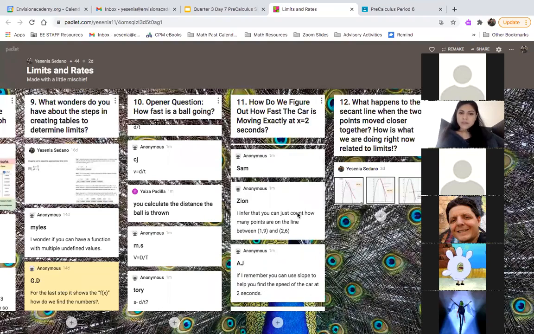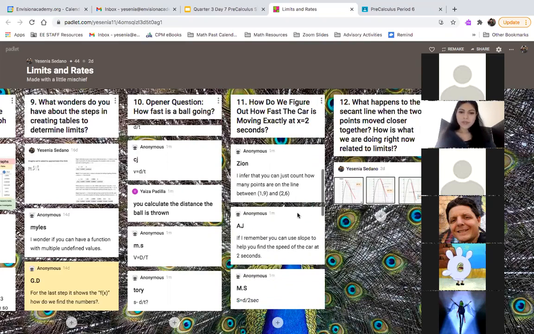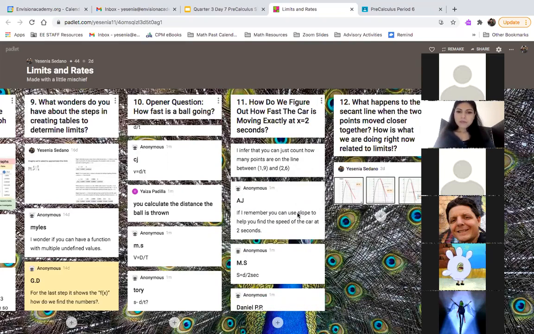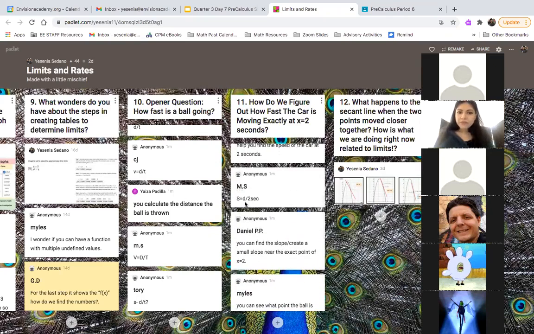So we have some inferences that you can count how many points are on the line between 1, comma 9 and 2, comma 6. So kind of like partitioning it somehow, narrowing it down a bit. If I remember, you can use slope to help you find the speed of a car at 2 seconds. Okay, so thinking that slope is still going to be involved. Awesome. Then we have, what if you just do 2 divided by 2 seconds?